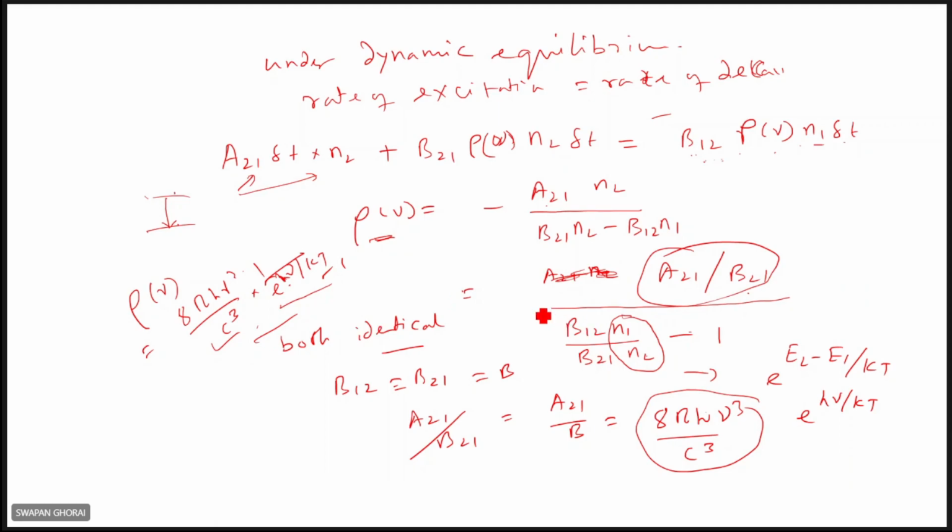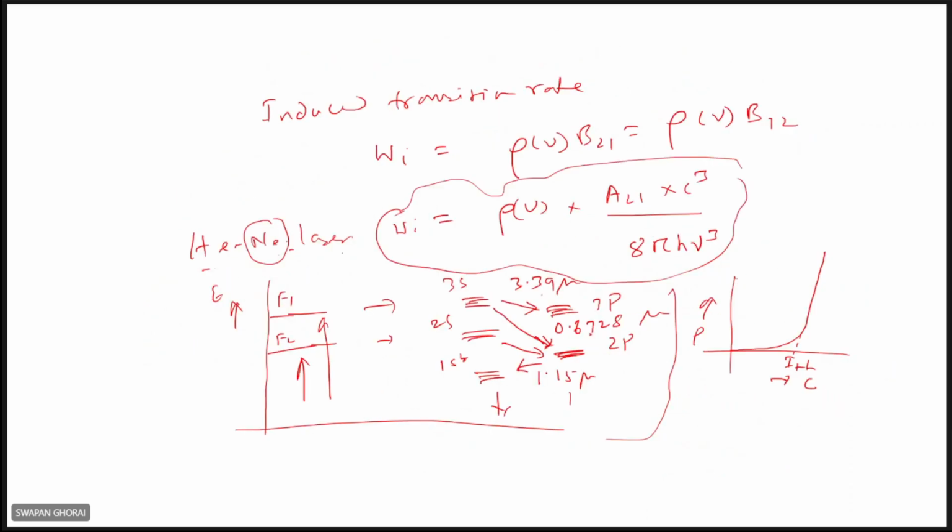If you compare with Planck's relation, B12 equals B21 equals B, and this ratio A21 by B equals 8 pi h nu cubed by c cubed. The induced transition rate is W, that is rho nu into B21, or since B21 equals B12, both are equal.